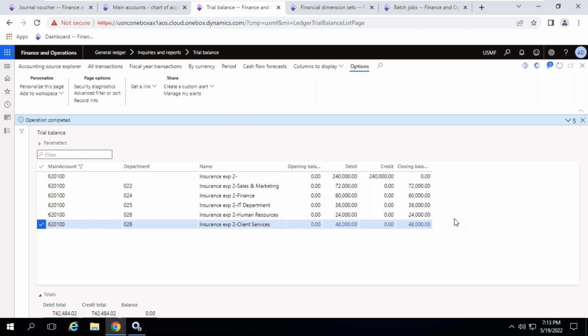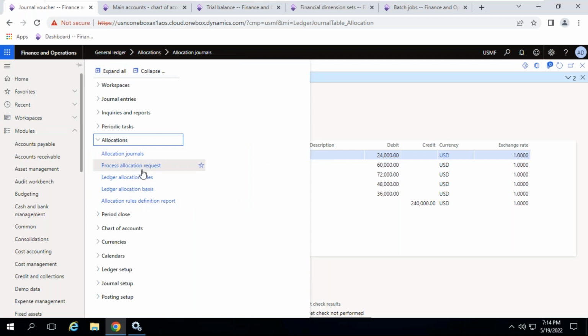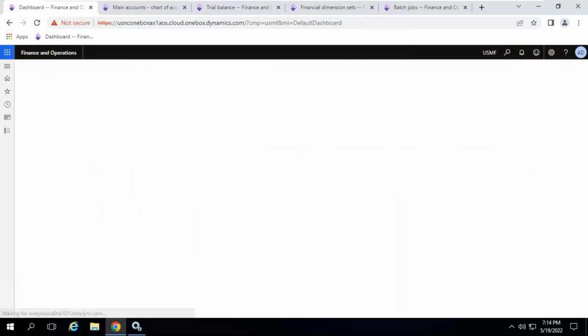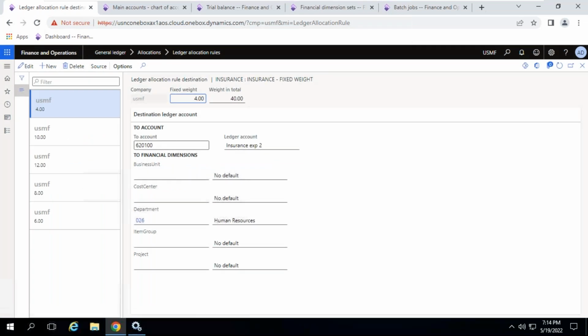So while generating a report for department 22, it will consider 72,000. Understood? This is allocation of expenses between departments. It is not only department, for anything we can map it. While creating ledger allocation rules, just for understanding purpose I have taken only department.